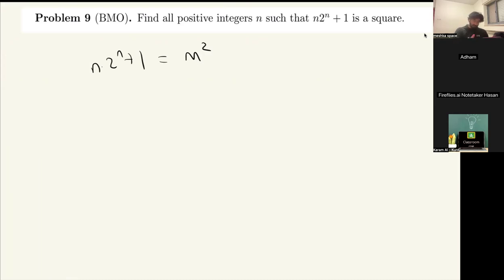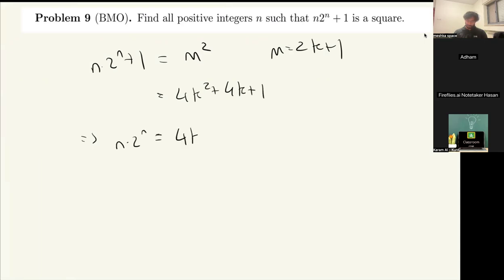Yeah, good. So let's say m equals 2k plus 1. And what did you get? You got 4k squared plus 4k plus 1, right? And so now you got n times 2 to the n is equal to 4k times k plus 1. Is that right?